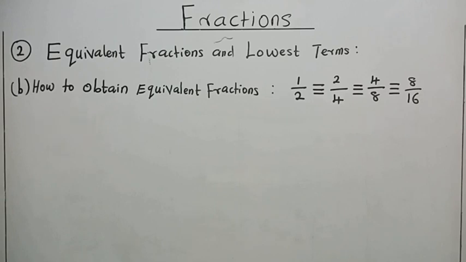So at this point, we want to learn how to get equivalent fractions from existing one without use of diagrams. To do that, again, let us notice how this became this, how this became this, how this became this. Each of these fractions is equivalent to each of the remaining three.